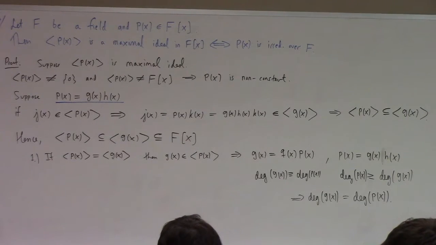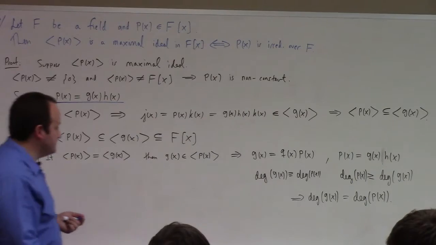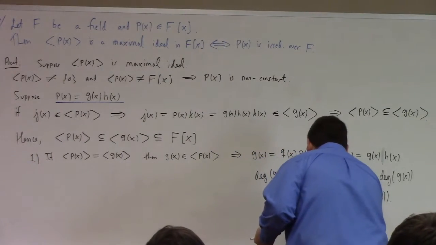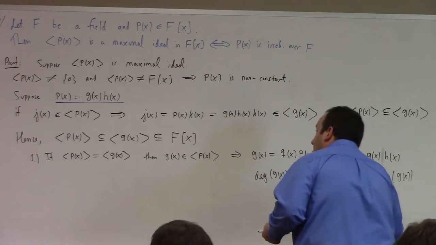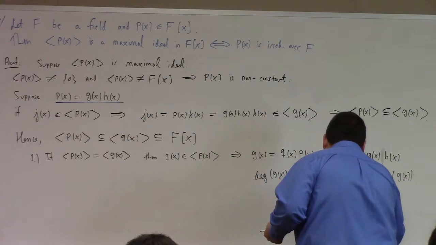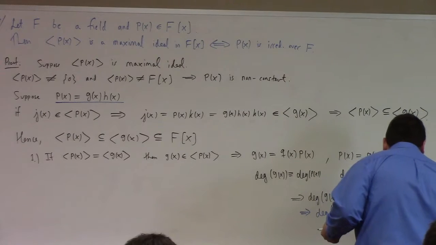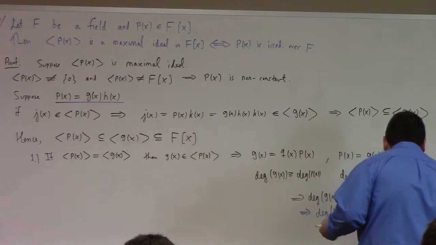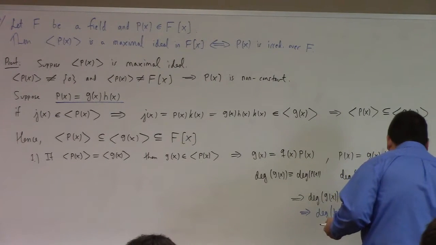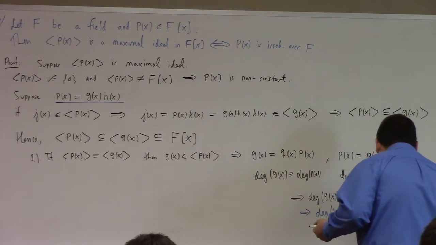Consequently, if you factor p(x), one of the factors has to be a unit. That implies that p(x) is irreducible. So this implies the degree of h(x) is equal to 0. Therefore h(x) is equal to u, a unit. So therefore p(x) is irreducible.